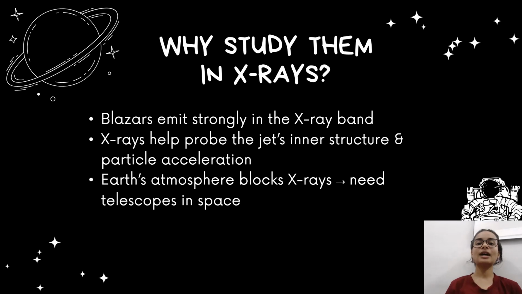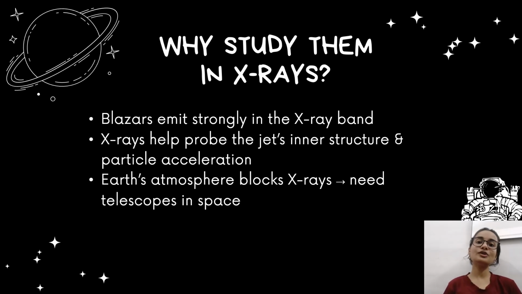So why do we study blazars in X-rays? Well, X-rays help us probe the innermost, most energetic part of the jet, where the particles are being accelerated to relativistic speed. As Earth's atmosphere blocks most of these X-rays, we need space telescopes to detect them. That's where NASA's NuSTAR telescope comes into the picture.